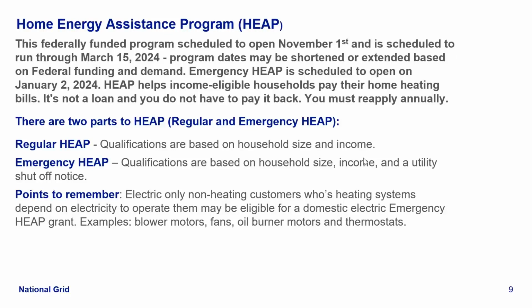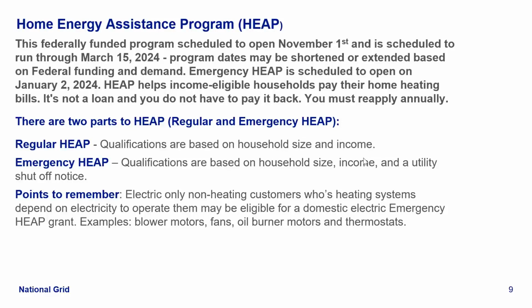So if someone didn't get the regular HEAP benefit and they had a shutoff notice, they could still go to DSS. They'd get them the regular HEAP and then they could get the emergency HEAP after that. If they got the regular HEAP benefit and then they have a shutoff after January 2nd, they can generally just call DSS and apply that way. But they cannot apply online for the emergency HEAP benefit.